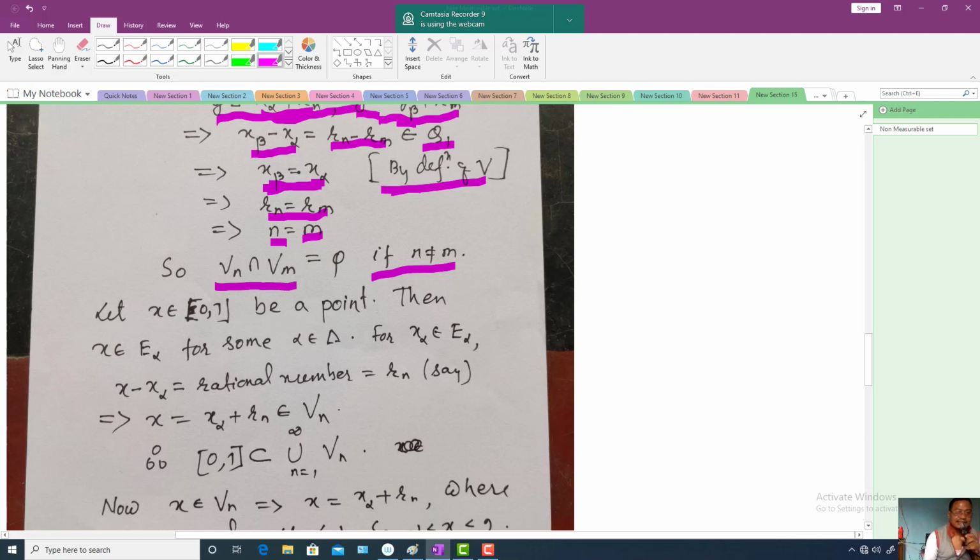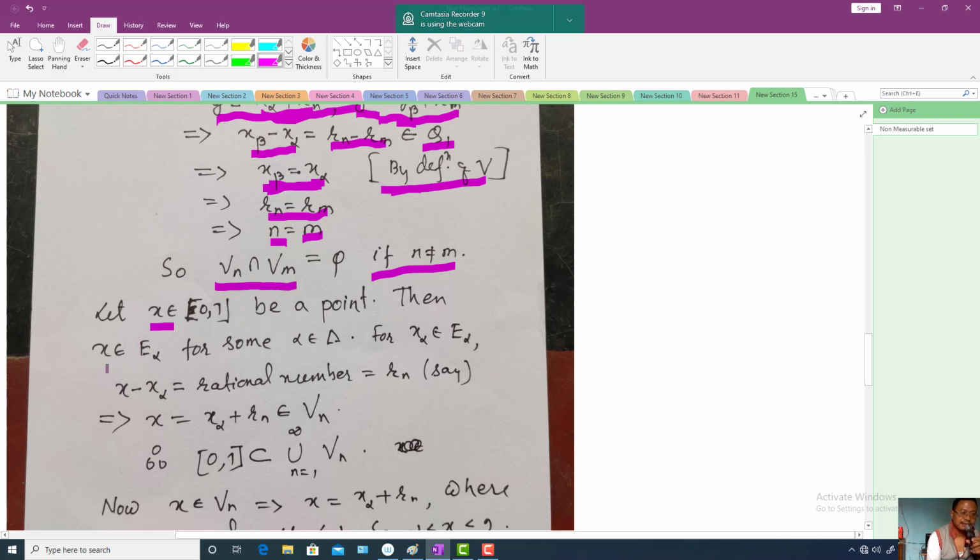Next, let us take one arbitrary point from the closed interval 0, 1. Let x be a point from the closed interval 0, 1. Then what? The closed interval 0, 1 is equal to the union of E alpha.